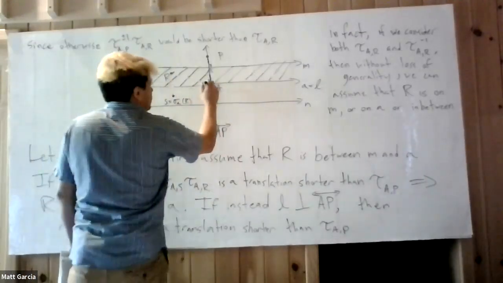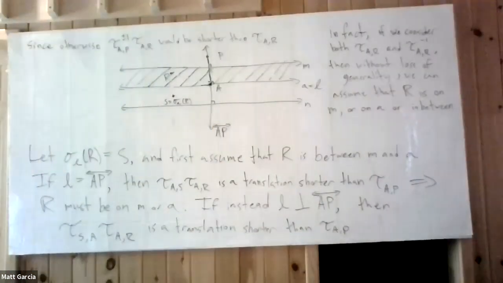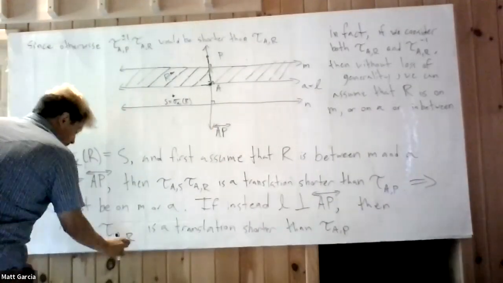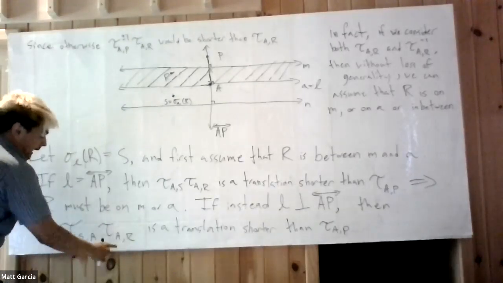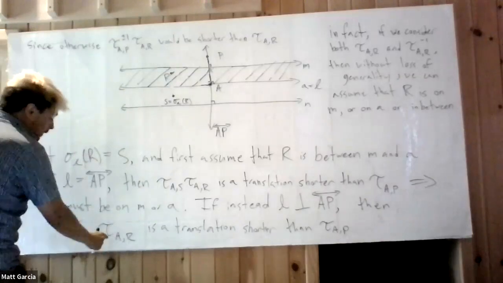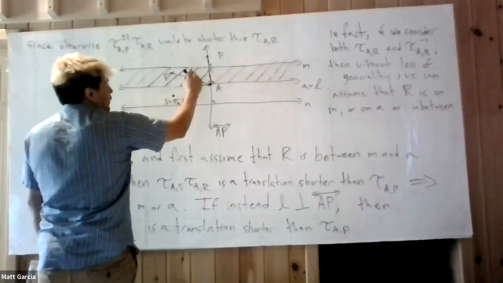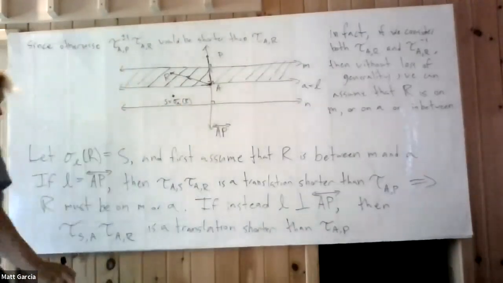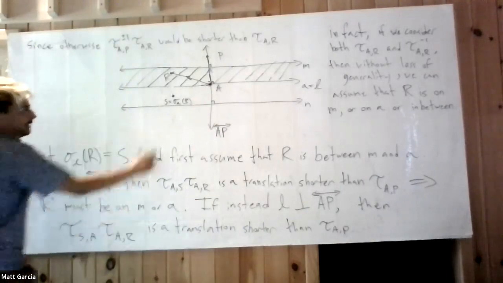Okay. So I want to first, let's take the point A. Let's evaluate this product at the point A, just to see where A goes. Okay. So I first take A to R, and then I add the vector from S to A, right?